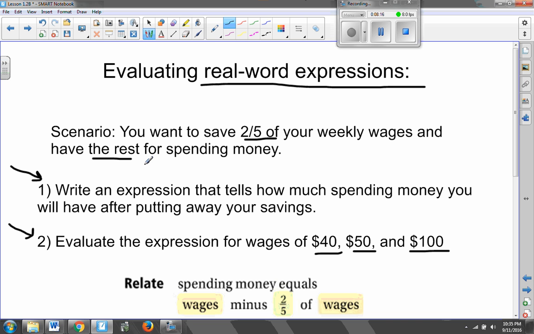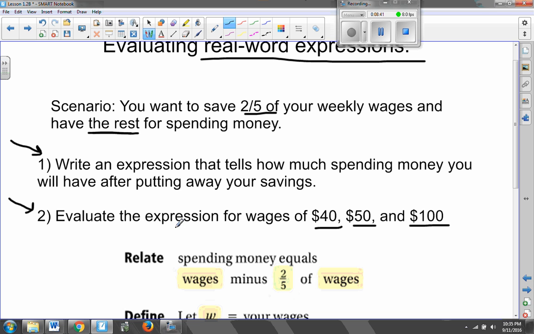So we have to think about what this scenario would look like in numbers and variables and math operations, math language basically. When we see having the rest for something, we should always think of minusing, having something left over. So having something and then taking some away so that we have the rest for spending money. So we know for sure this is going to involve minusing something.